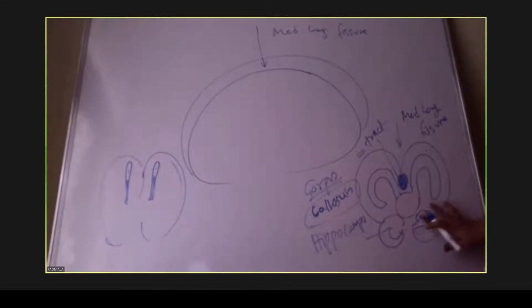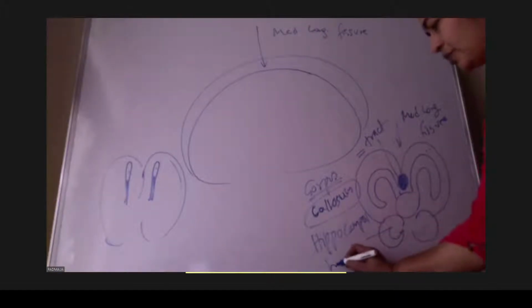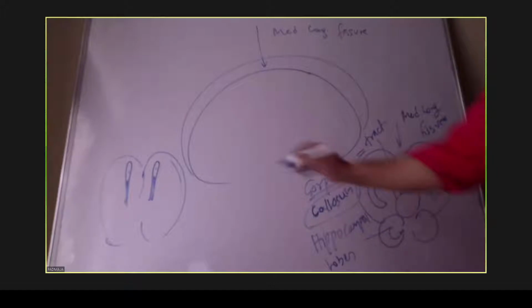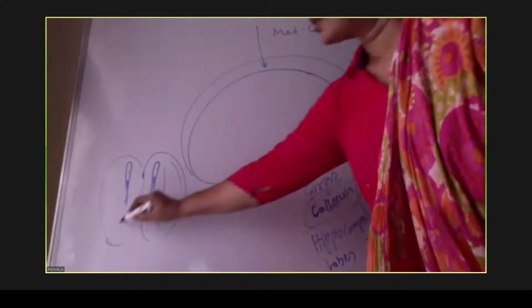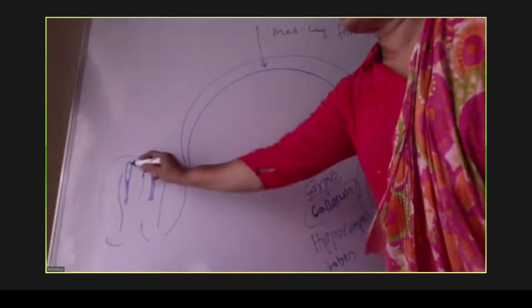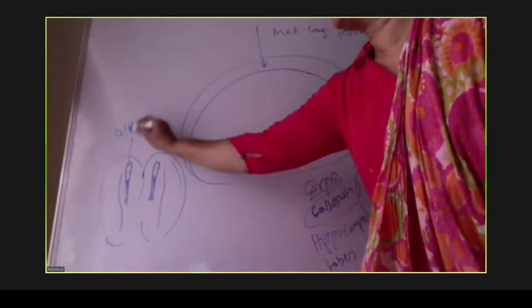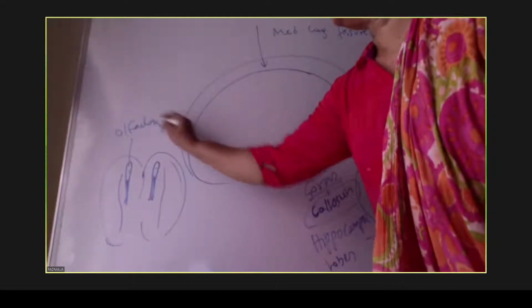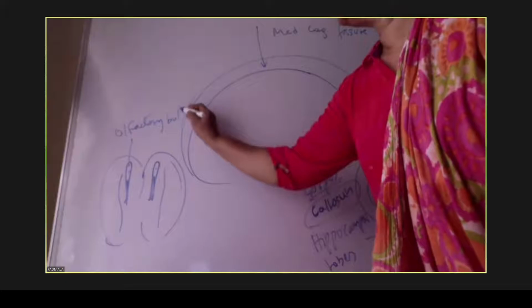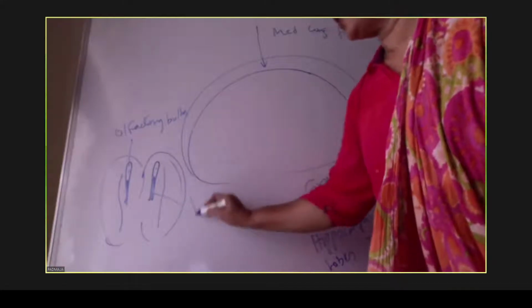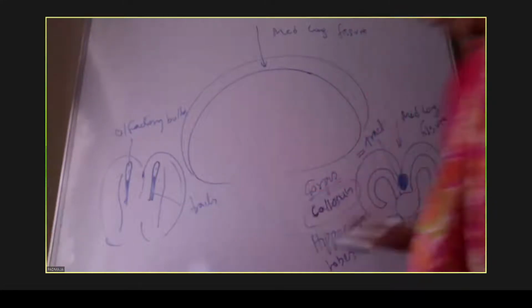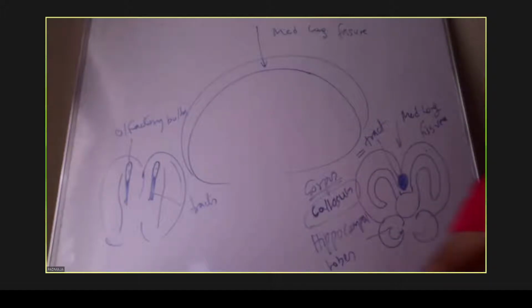Okay, now the hippocampal lobes. Where are they? At the bottom. To which these olfactory bulbs with their olfactory tracts are attached, to that hippocampal lobe. So with red color I am marking, yes, here they are attached to the hippocampal lobe.